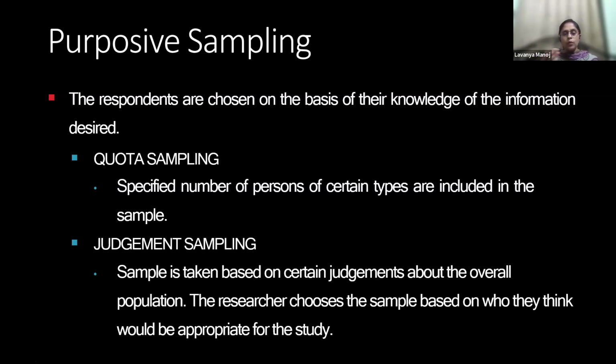If I want to get feedback from a particular set of the sample from the whole population, I feel that I want to go and get feedback from this particular person.